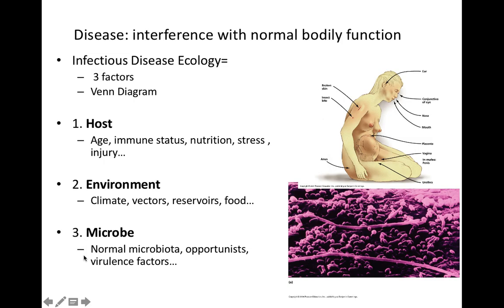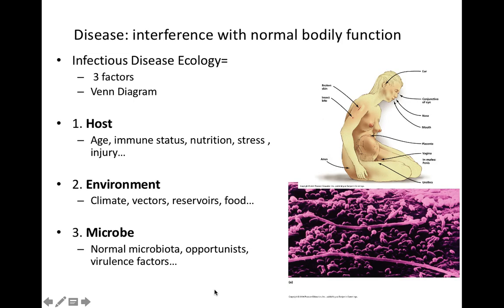We want to remember that most microbes don't cause harm, right? It's really an unusual property to cause harm. And in the previous PowerPoint, we talked about virulence factors. Some microbes are loaded with virulence factors, so we could argue that most times if they infect us, we're going to have disease. But we also want to remember that our normal microbiome, the normal microbiota, if it's living where it's supposed to live, and if our immune status is good, should act as commensals and even mutualists.